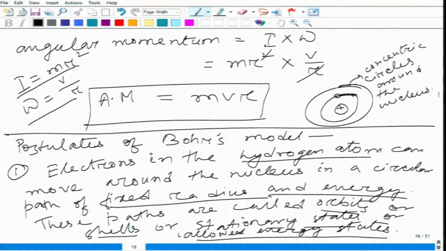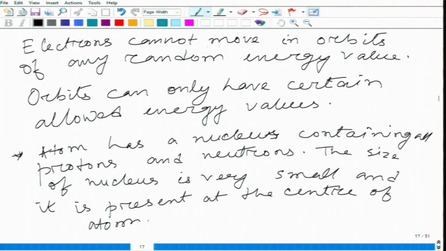That is, they do not show any change of energy, and they are called allowed energy states because electrons cannot move in any random orbit. These orbits should be of certain specific value, which is the allowed energy. So, electrons cannot move in orbits of any random energy value. Orbits can only have certain allowed energy values.